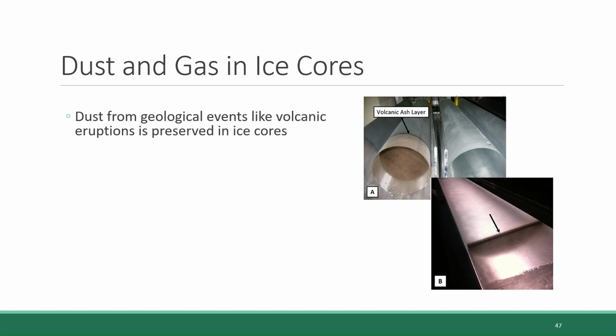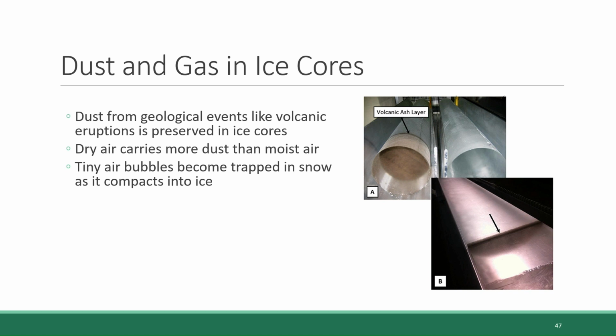In the ice core pictures you can see on the screen, you can see a very clear volcanic ash layer in the middle of the cores. In addition, scientists can use the amount of dust in a layer of ice to determine how dry versus humid the air was on Earth at the time, based on the principle that dry air carries more dust than moist air.